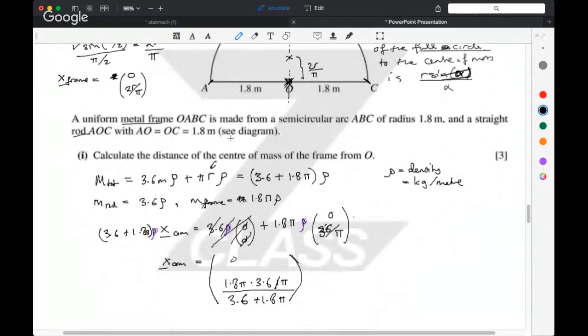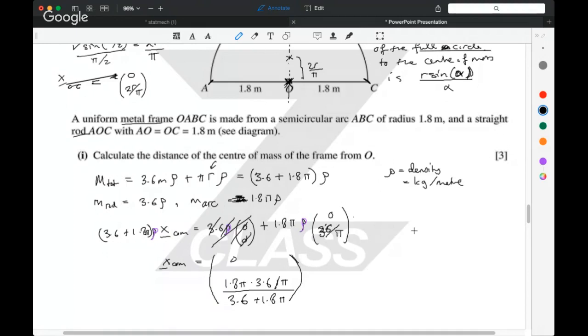What I've been doing wrong is referring to the arc as the frame. So this should never have been frame, it should be arc. But the result is the same completely. So sorry about that.